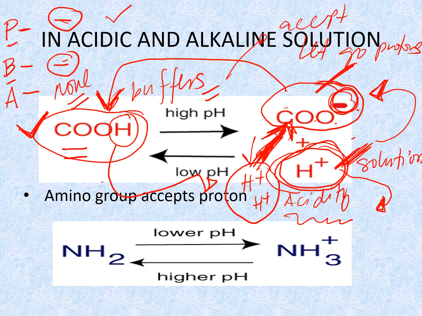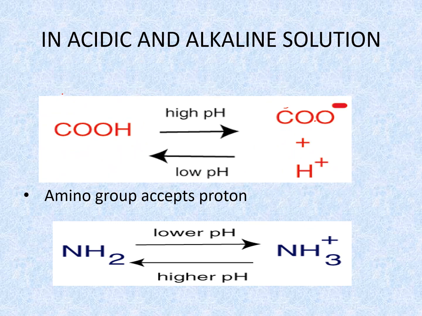Now, let's look at the behavior of your amino group once it is exposed to acidic or alkaline solution. For example, we have a specific amino acid that is exposed to lower pH or an acidic environment. So when we say acidic environment, again, there are a lot of protons floating around in that specific environment.